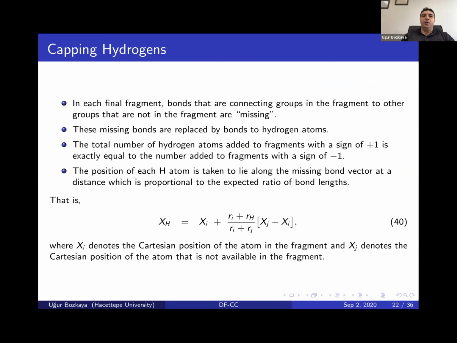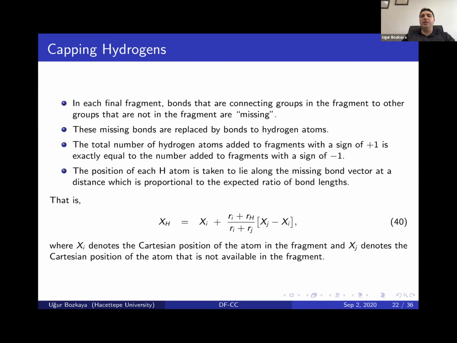We also need to consider the cap hydrogens in the SMF algorithm. In each final fragment, bonds that are connecting groups in the fragment to other groups that are not in the fragment are called missing bonds. And these missing bonds are replaced by bonds to hydrogen atoms. The total number of hydrogen atoms added to the fragments with a sign of +1 is exactly equal to the number added to the fragments with a sign of -1.